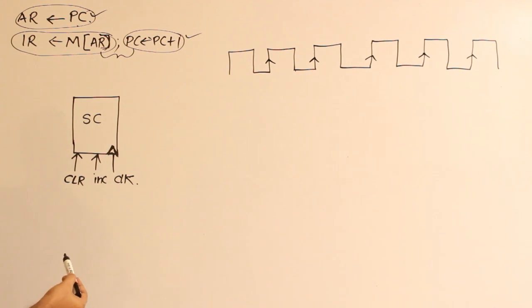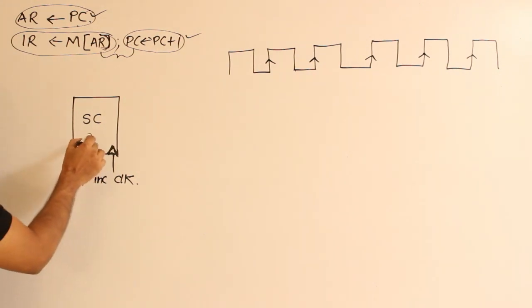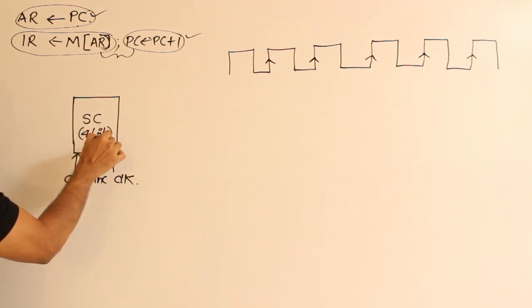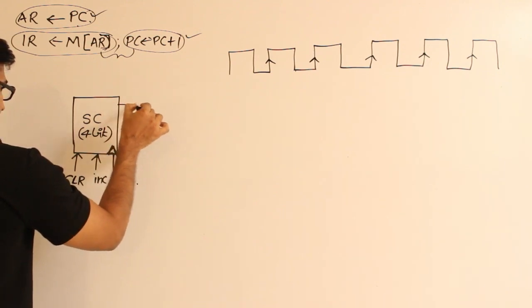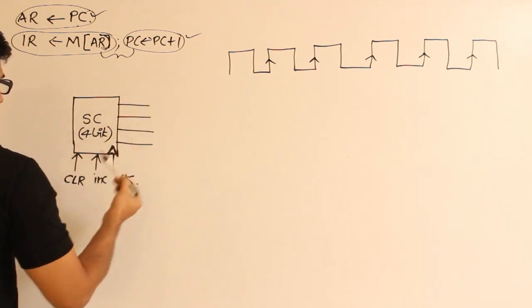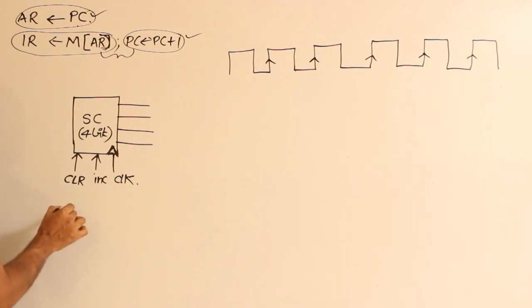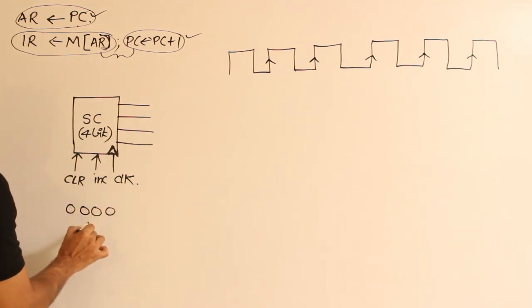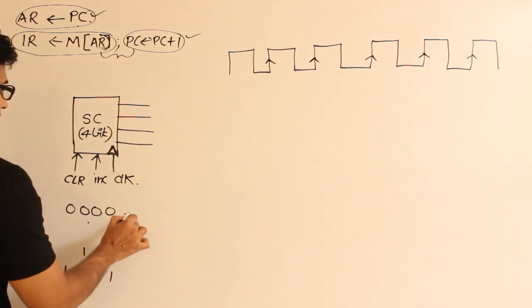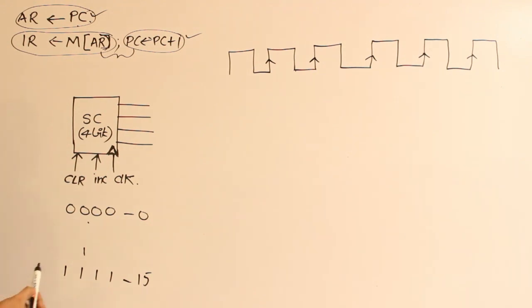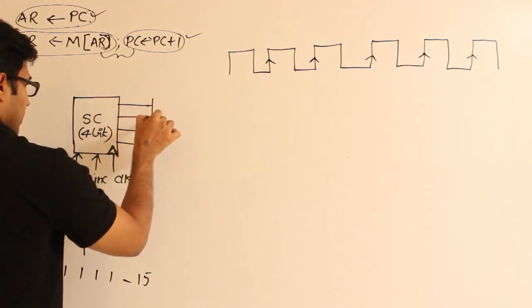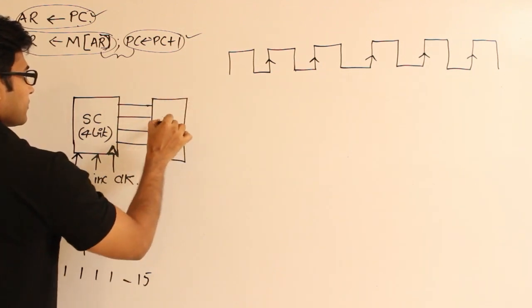Now assume that this is a 4-bit counter. For the computer we are implementing, a 4-bit counter is enough, right? So when we have this 4-bit counter, it means that we are going to have 4 bits here. It is going to count from 0 0 0 0 to 1 1 1 1, which means from 0 to 15. Got it? Then this one is going to be applied to a decoder.